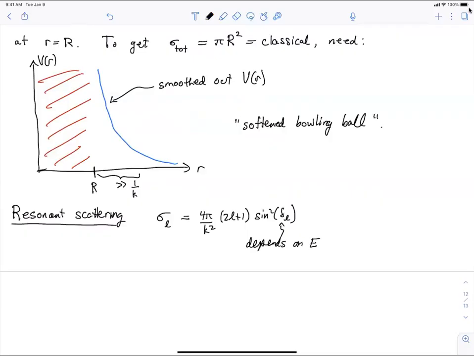Now I'm going to rewrite this in a slightly different way using just a trig identity. Instead of writing sine squared delta L, I'm going to write 1 plus cotangent squared delta L in the denominator.